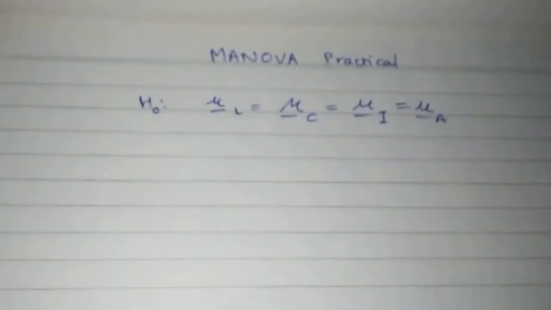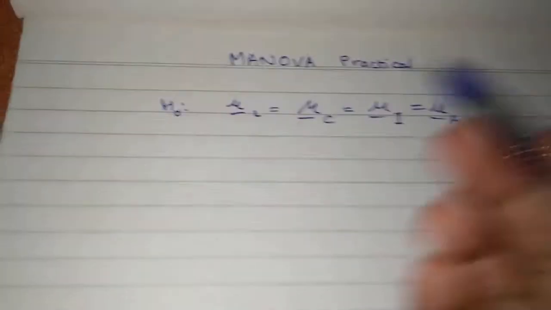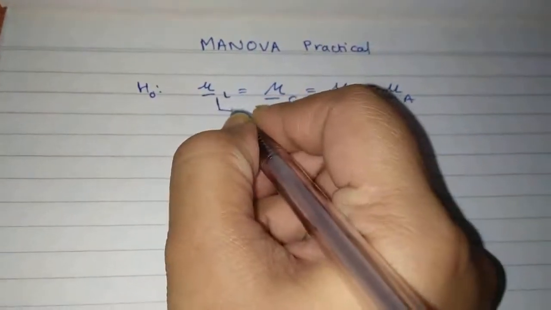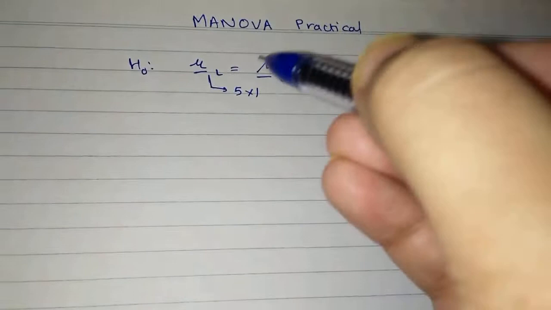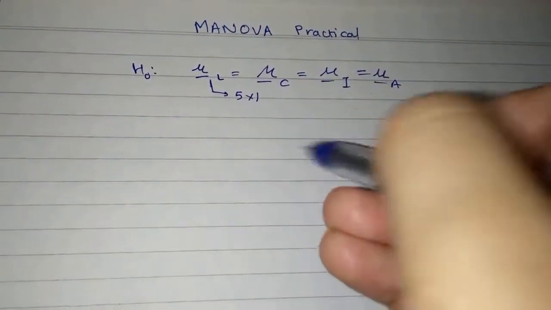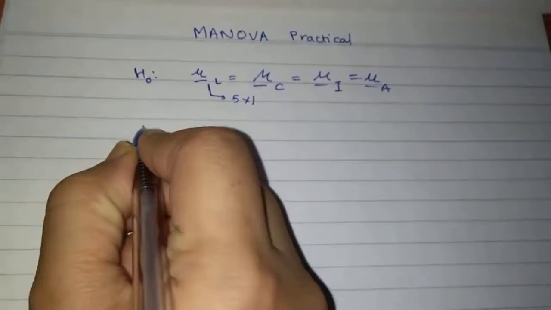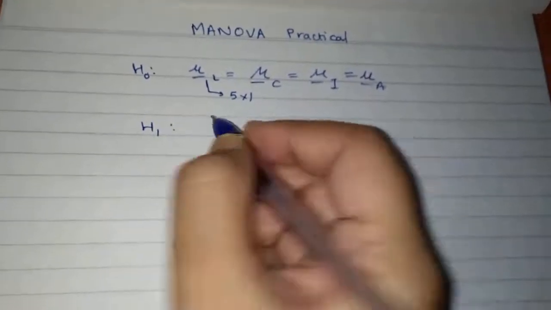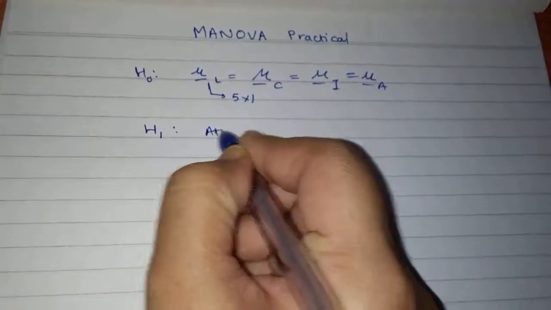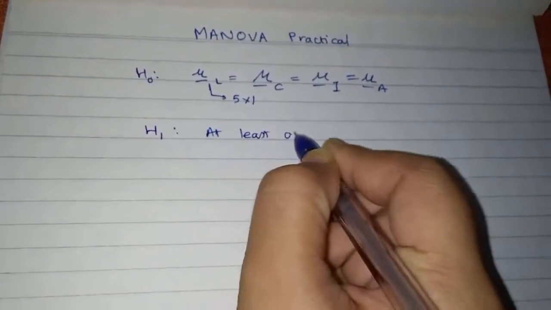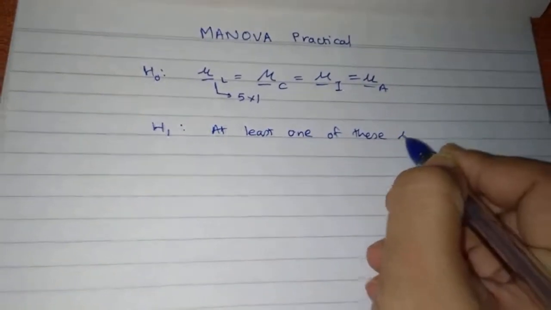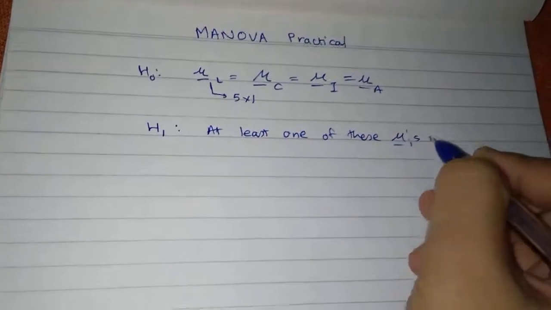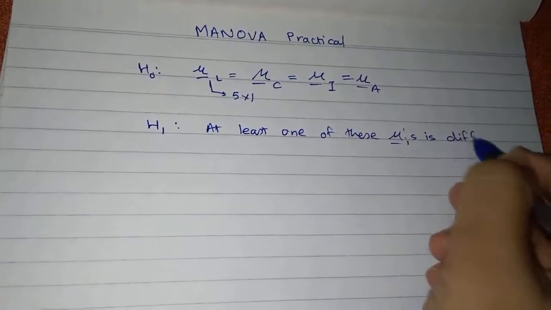Remember, each of these vectors is of order 5 cross 1 because we have 5 oxides. My alternative hypothesis would be that at least one of these is different from the others. So at least one of these mu i's is different from the others.